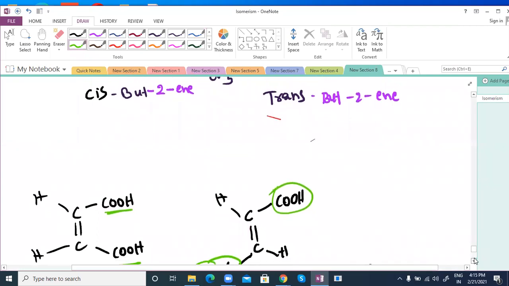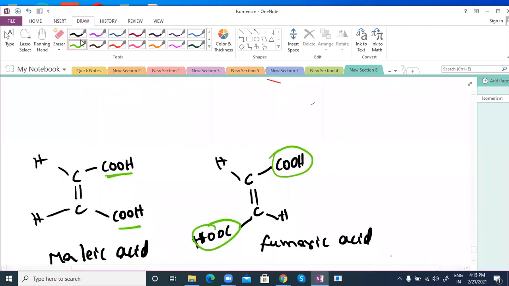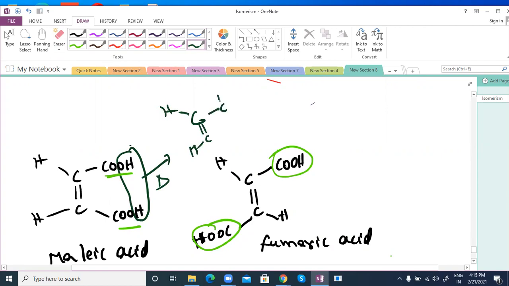When we heat the cis acid, it can remove water and form an anhydride. Based on that, you can identify the cis or trans isomer. Suppose we are heating this molecule, it can lose a water molecule. So you can expect the anhydride you will get, and that can be formed only by cis. How can we identify cis and trans?